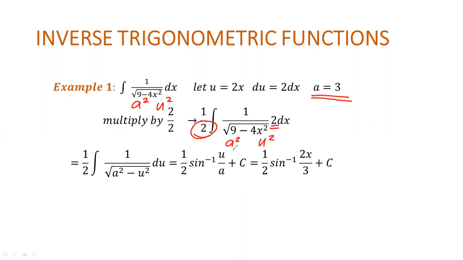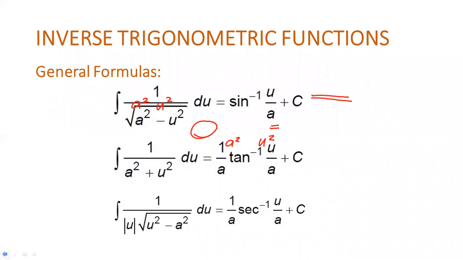Now, in this case, class, if we go back to our previous slide, there must be something missing here. This is the arcsine. Now, if you recall, I'd rather go back to that particular slide, but I will not erase what I have written here. If you recall in the previous slide, when do you place the 1 over a? The 1 over a only appears in the arctangent and the arcsecant. So don't forget that for the arcsine, we don't have the 1 over a.